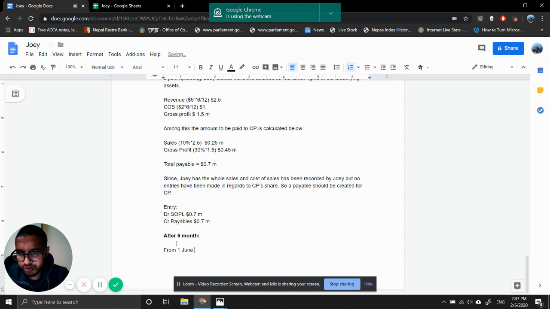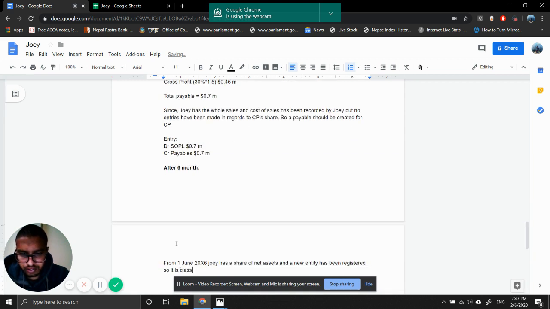from 1st June 20x6, Zoe has a share of net assets, and a new entity has been registered, so it is classified as a joint venture.